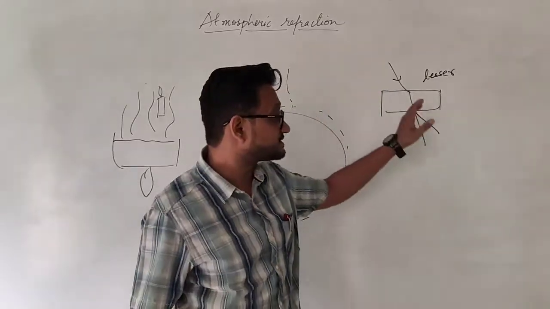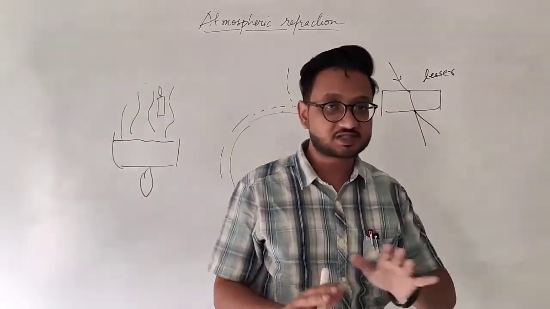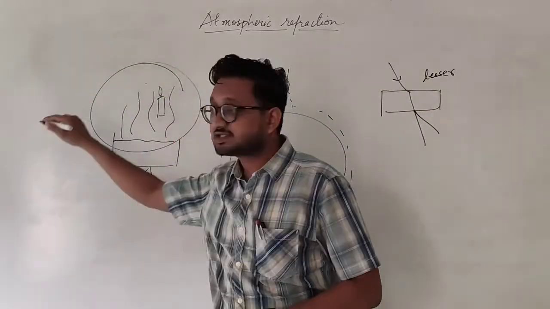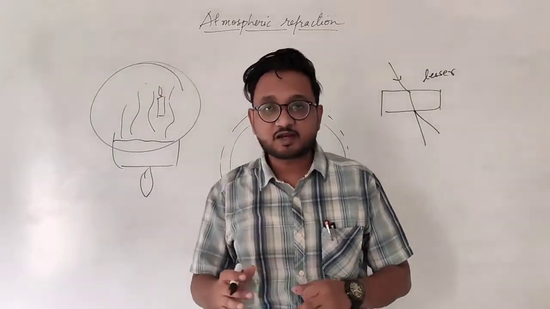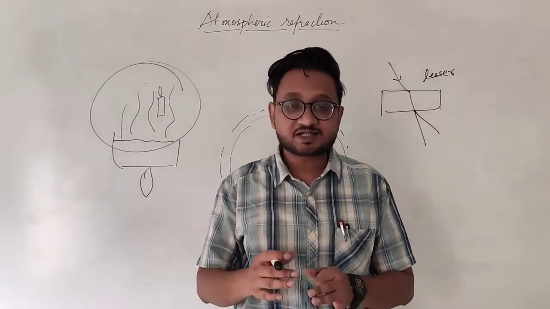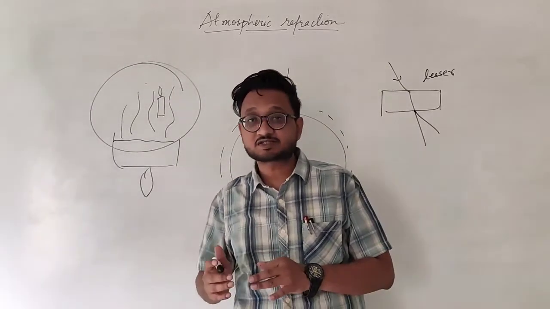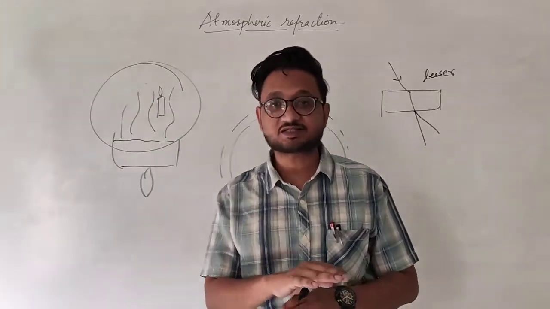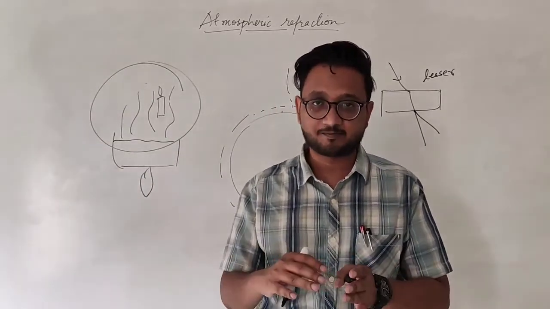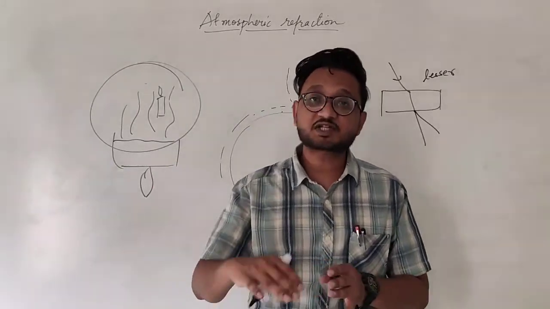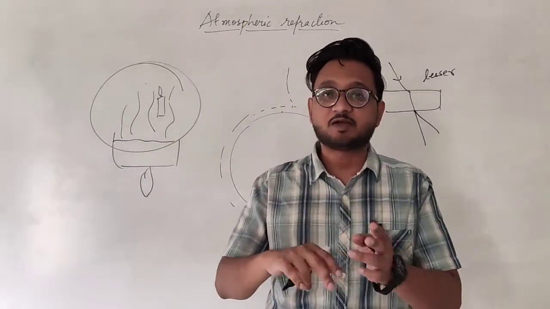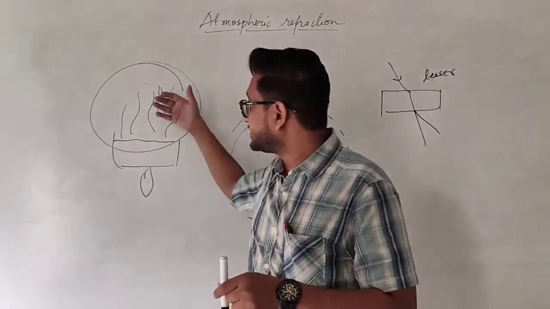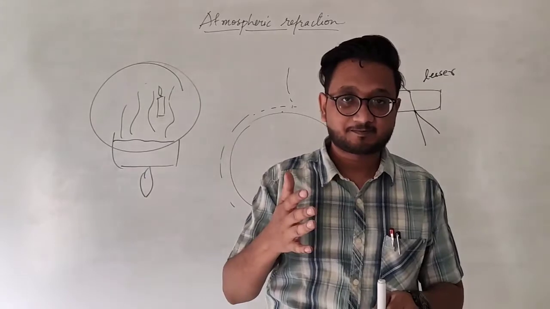If it is a glass slab, it is constant, that object is not changing, but in this particular case the air around this area is changing again and again. The density is changing again and again, and because of this the refractive index, that is the bending capacity of the gases, is also changing again and again, and therefore the refraction of the light also happens again and again, and so you see the object coming towards you as wavy.